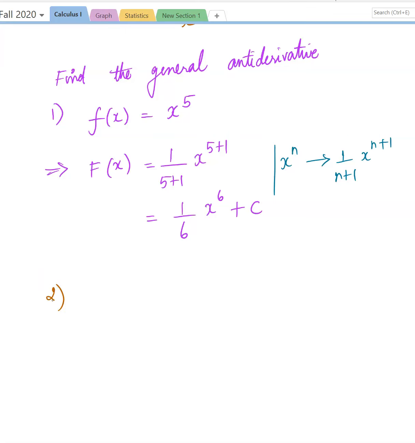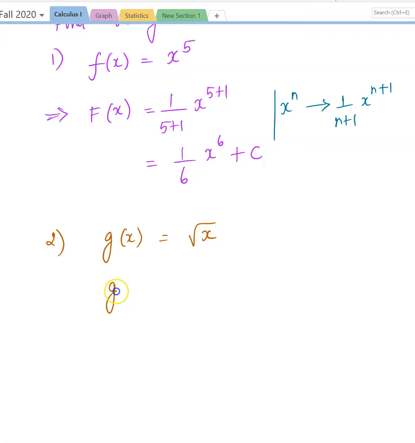Problem number 2. G of x equals square root of x. So before we begin the problem, we want to rewrite this square root of x as x power half. In this case, your k is half, if you're using the formula that uses k or n.